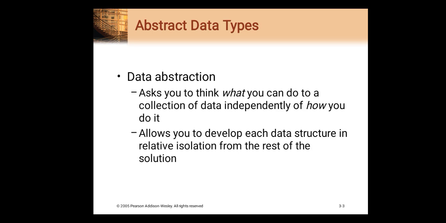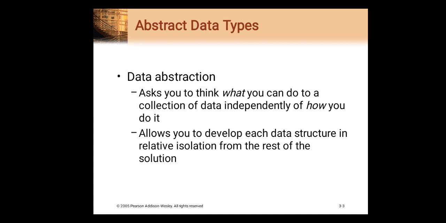Now before knowing what an abstract data type is, first we have to understand what data abstraction is. Data abstraction is a process which gives you the essential details about your data instead of the background details.